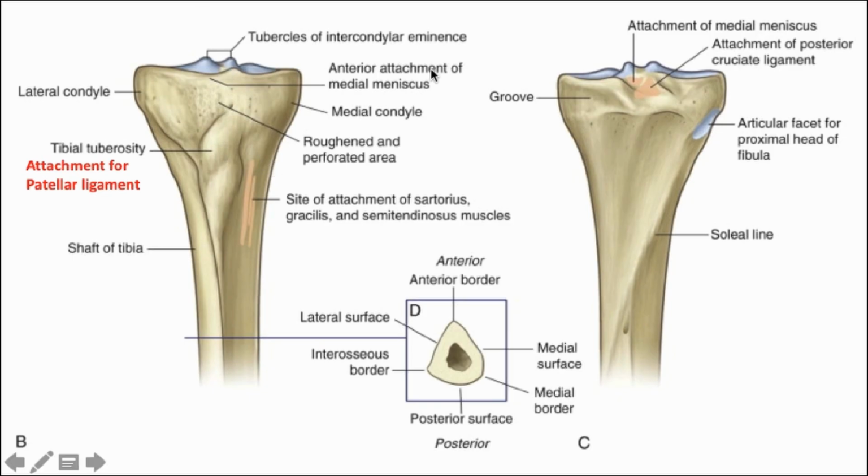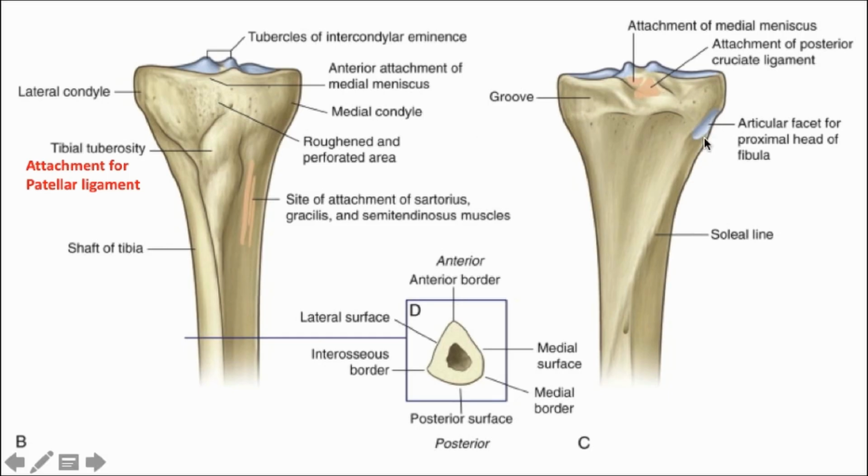Inferior to the condyles on the proximal part of the shaft is a large tibial tuberosity. Remember, we talked about the tibial tuberosity, and a little later, we'll talk about some pathology of the tibial tuberosity that can happen in kids. We see the tibial tuberosity. We have muscle and ligament attachments here, and then we have tibial condyles and intercondylar areas. We already talked about that.